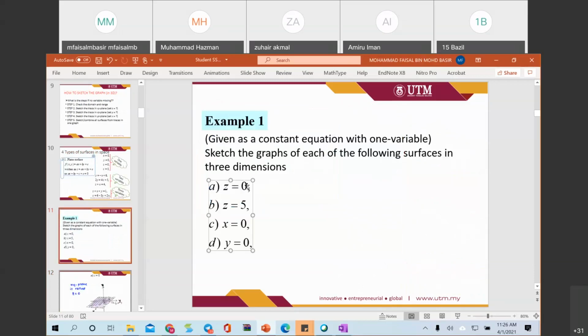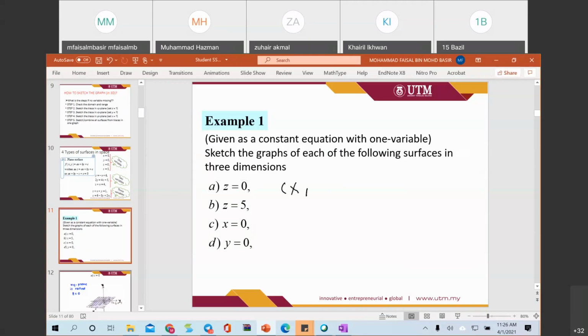z = 0. So what is meant by z = 0? Can anyone tell me? What is z = 0? That's the XY plane. Yes.